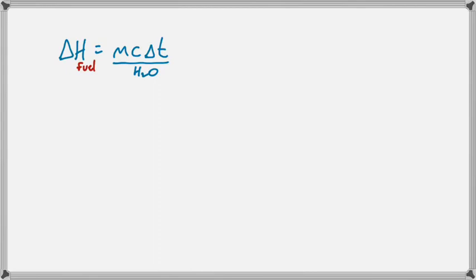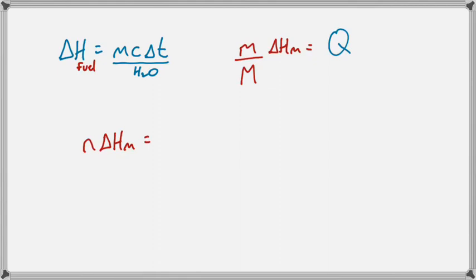But you could do, and maybe I'll use colors to show this, mass over molar mass times delta Hm is equal to Q. Or we could use n delta Hm is equal to mc delta T, the full one that we used yesterday.